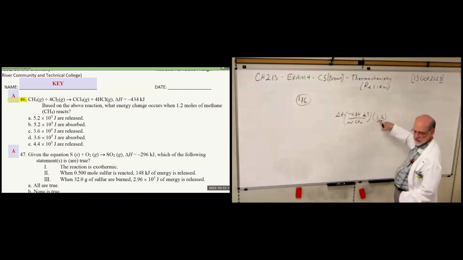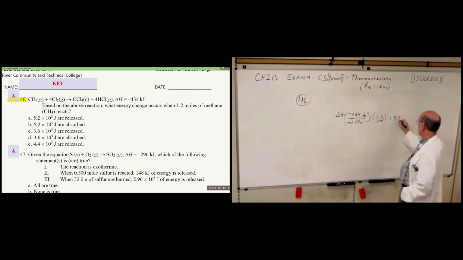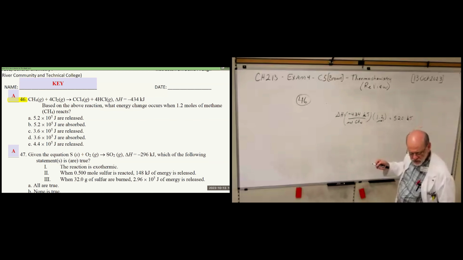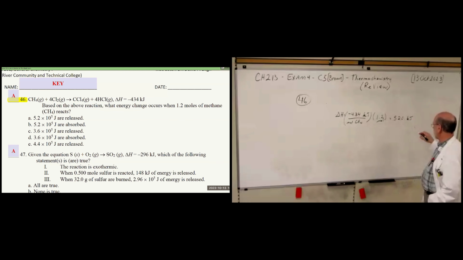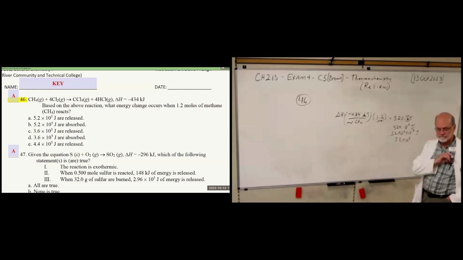Oh, this is 1.2, so I got to round it off. 520, right? 520 kilojoules. Our answer is in joules. All right. So you remember the way to handle this one. Kilo means 10 to the third, right? 520 times that. Okay. So this one's going to be 5.2 times 10 squared times 10 to the third joules, or 5.2 times 10 to the fifth.